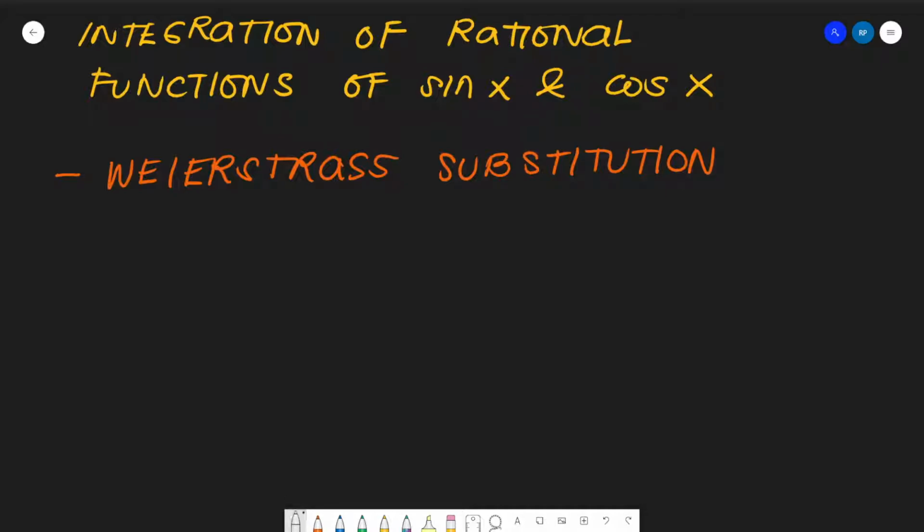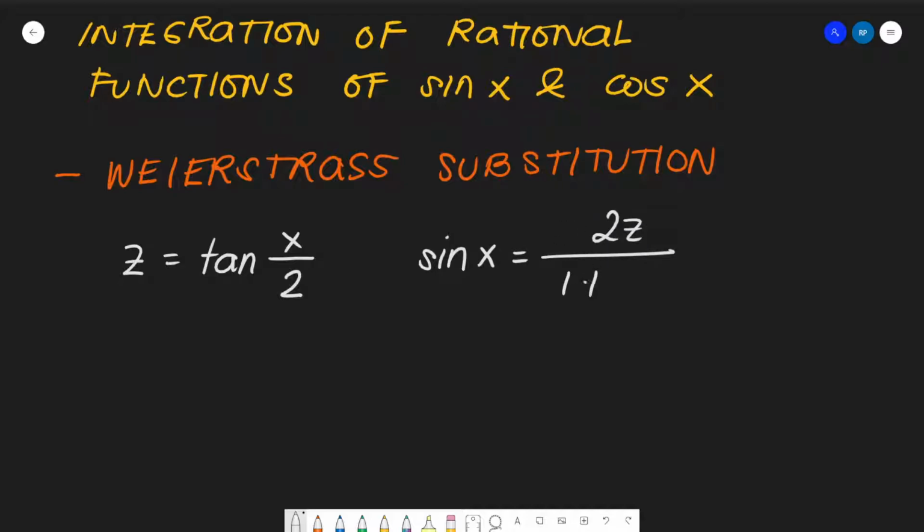Okay, so what are our formulas for Weierstrass substitution? Everything starts here: z is equal to tangent x over 2. This is the very end of the Weierstrass substitution and this is what we will use for our final answer. Then, from this, sine x is equal to 2z over 1 plus z squared.